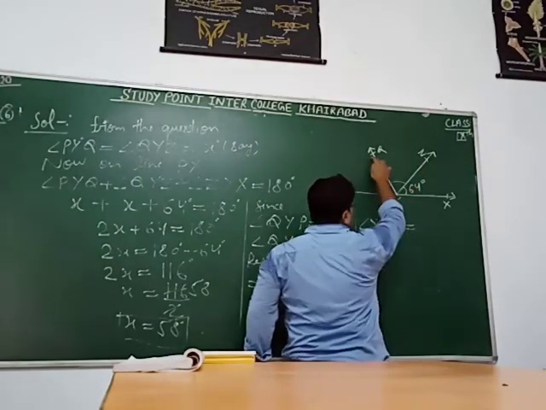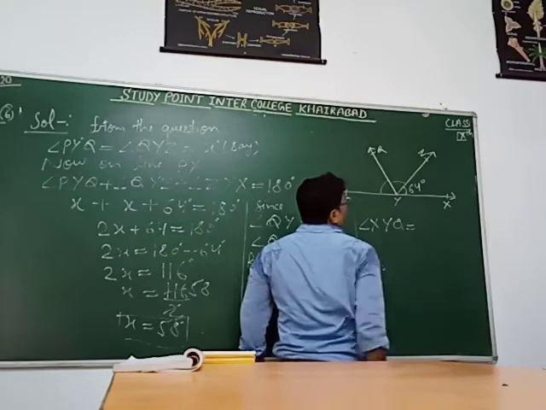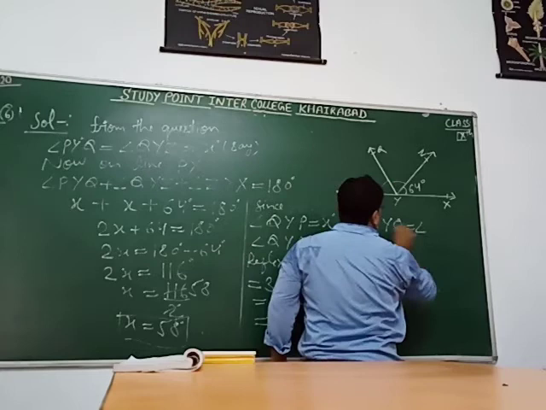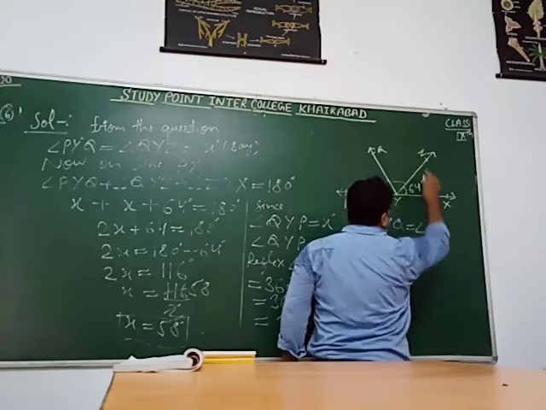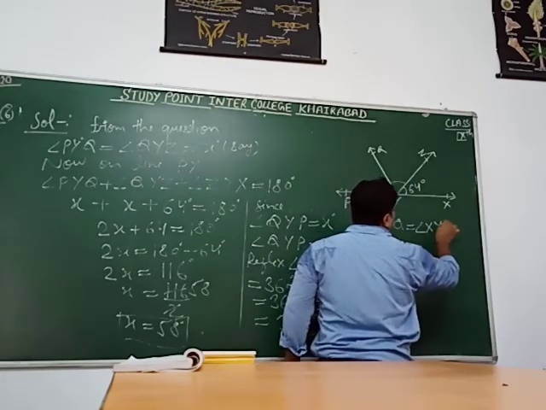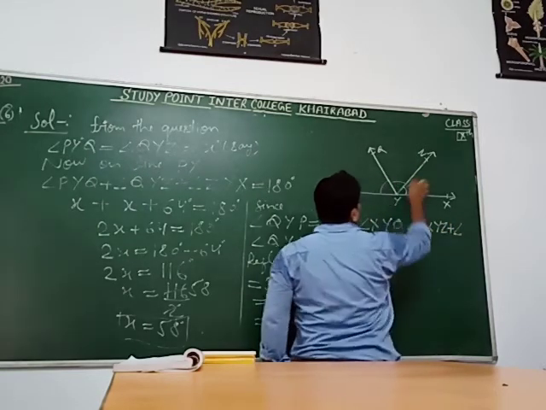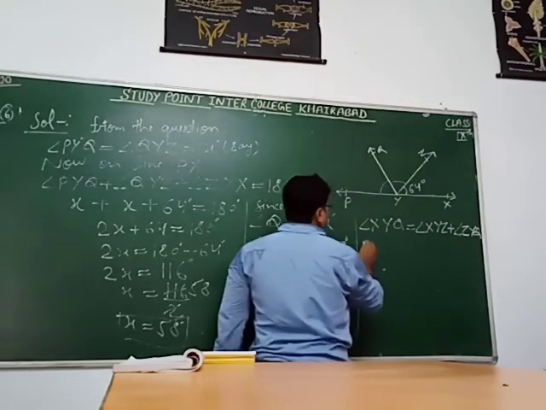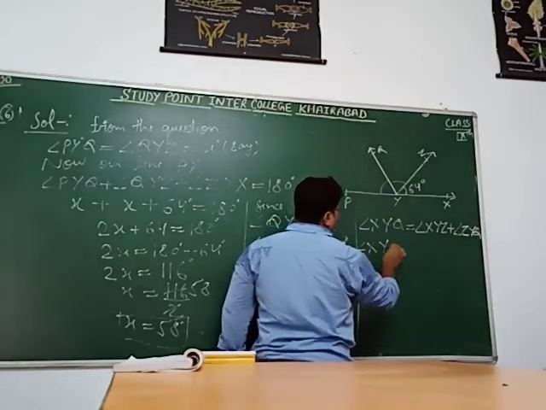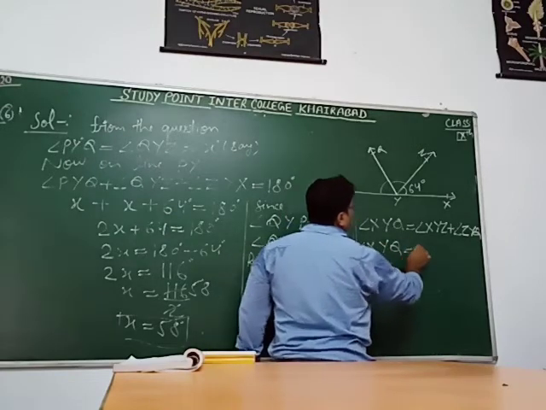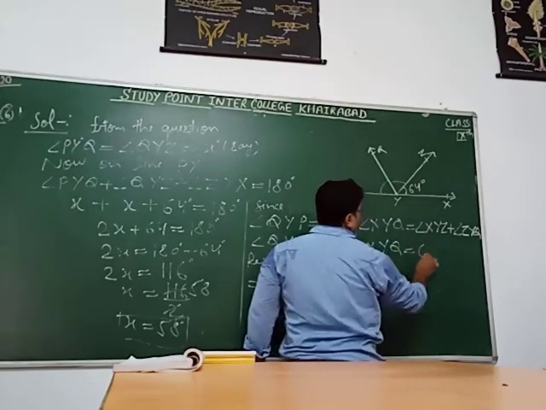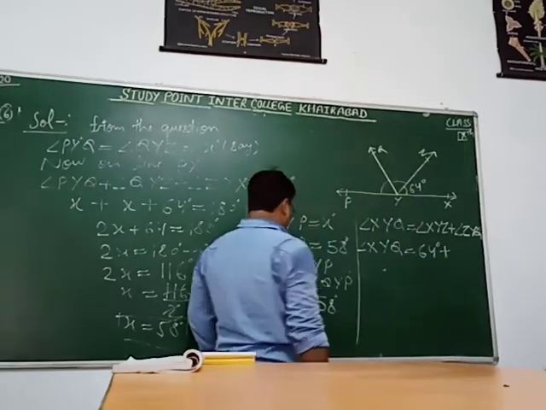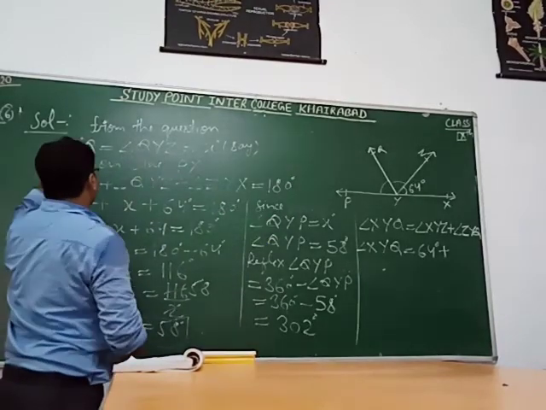XYZ plus ZYQ is XYQ. So angle XYQ equals angle XYZ plus angle ZYQ. XYZ is 64, plus ZYQ, which is equal to PYQ.